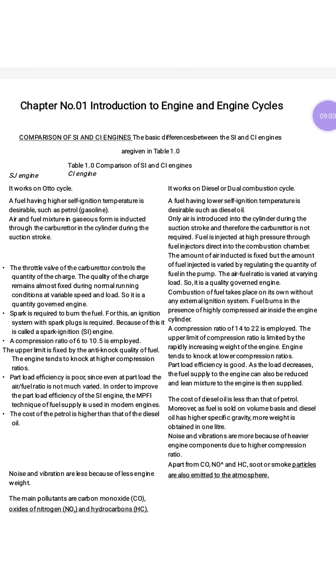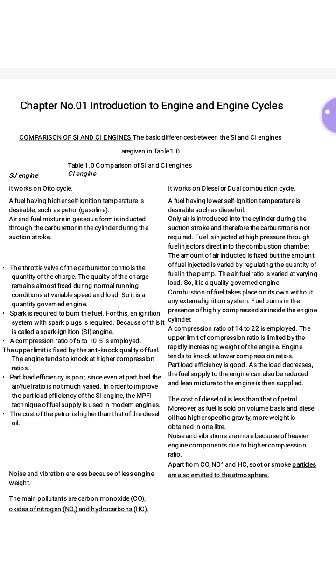SI engines are compact in size. CI engines are bulky as compared to SI engines. In an SI engine, for the preparation of the air plus fuel mixture, the carburetor is required. But in a CI engine, as only air is induced inside the cylinder, there is no need of a carburetor.